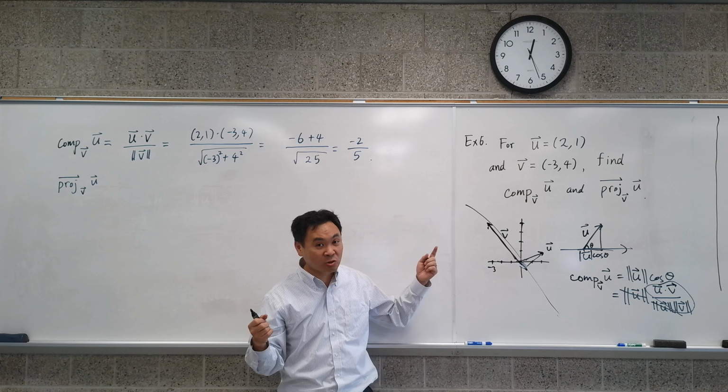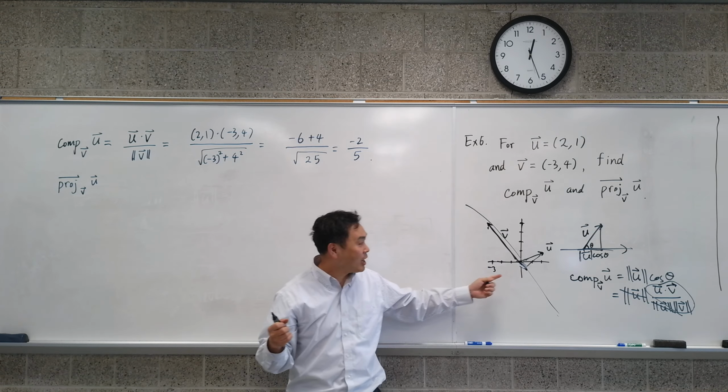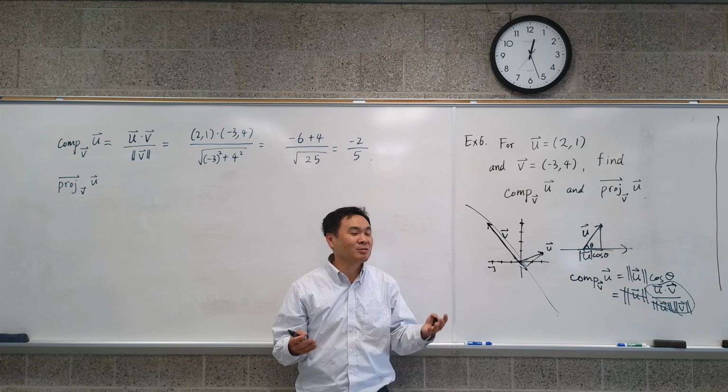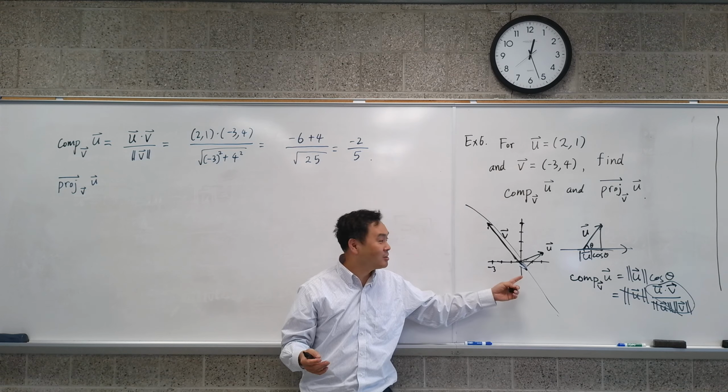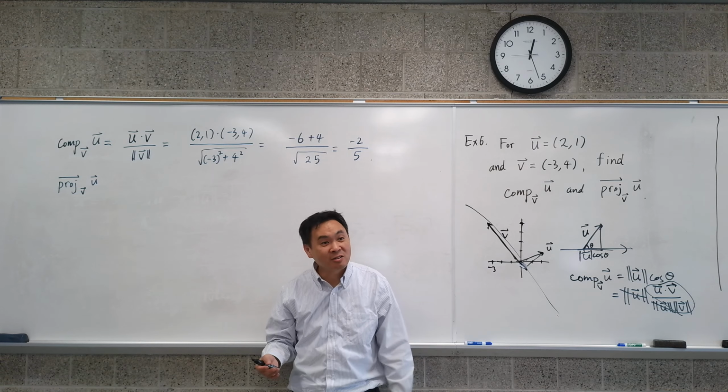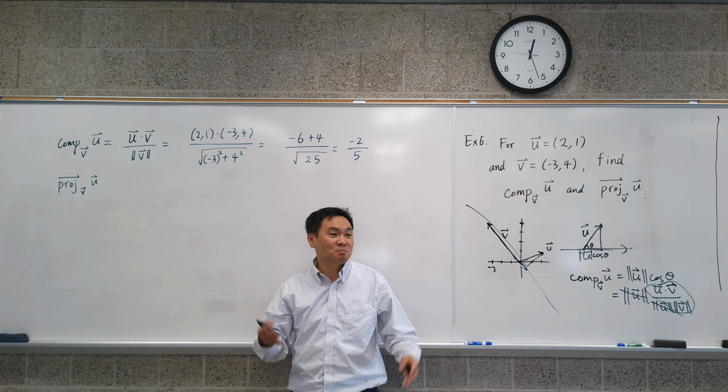Okay? So which vector are we normalizing here? For this question, which one should I normalize? I want this vector to be in which direction? Multiple choice, u or v, which one? V. I want this to be in the v direction, right? So which one should I normalize? V, right?